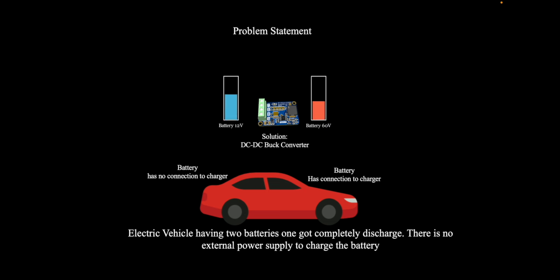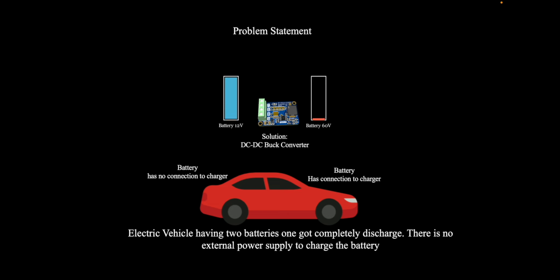To understand the problem related to the buck converter, we need to understand where it can be used, mostly a problem statement which we need to solve. Usually in hybrid electric vehicles, you do find two types of batteries. One is the traction battery, another is an accessory battery.